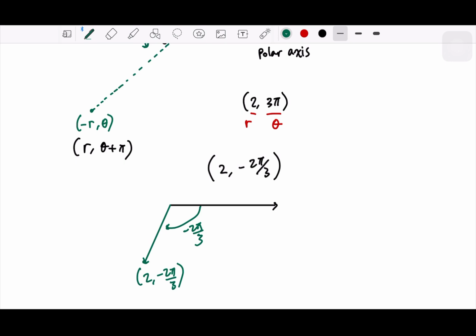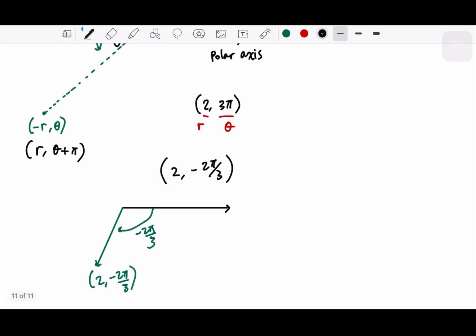Or you can write this negative as going from here to here. We can also write that as 2π plus this is 1/3, so 4π/3. You can also write it like that.